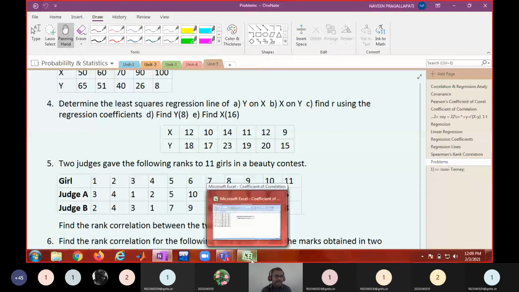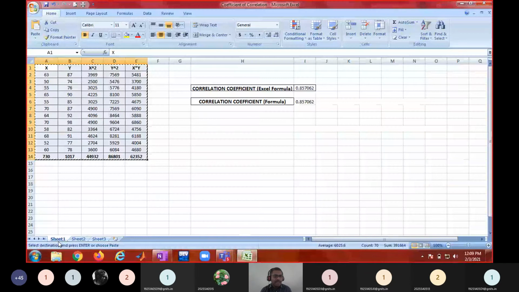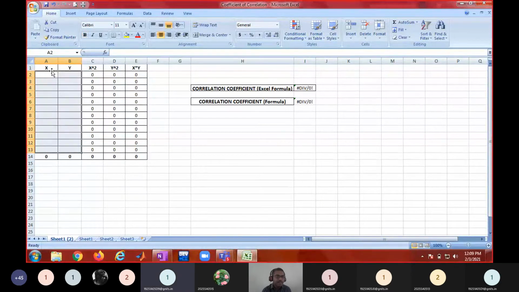Can you please tell me this data? Let us not change it; here I will change it. Can you tell me the X values? 12, 10, 14, 11, 12, 9.